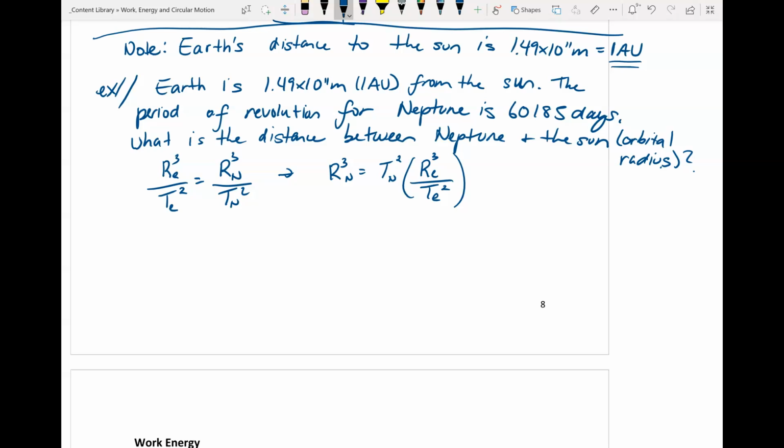Okay, now we're going to fill in the information that we do know and solve. So our period of revolution for Neptune is 60,185. We're going to square this. We know that the orbital radius of the Earth is 1.49 times 10 to the power of 11 meters, and we're going to cube it.